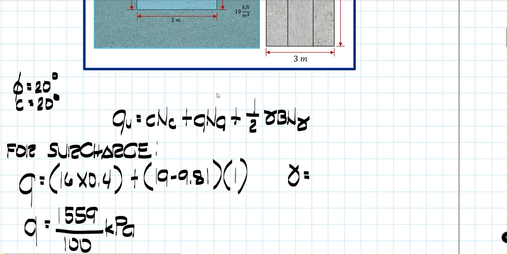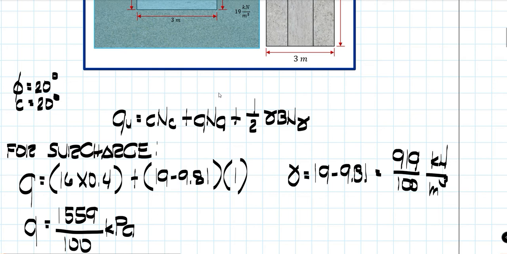So, that will be yung effective unit weight, which is 19 minus 9.81. So, we can have here 9.19 kilonewton per cubic meter. So, yan ngayon yung ating unit weight for our third term.